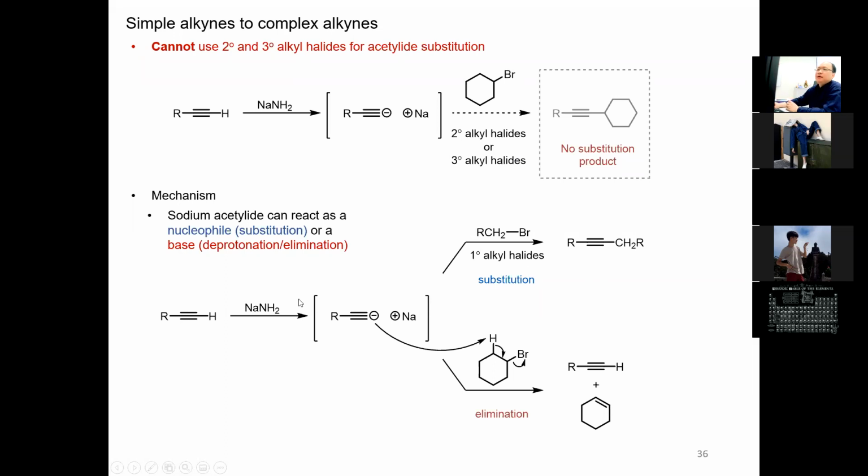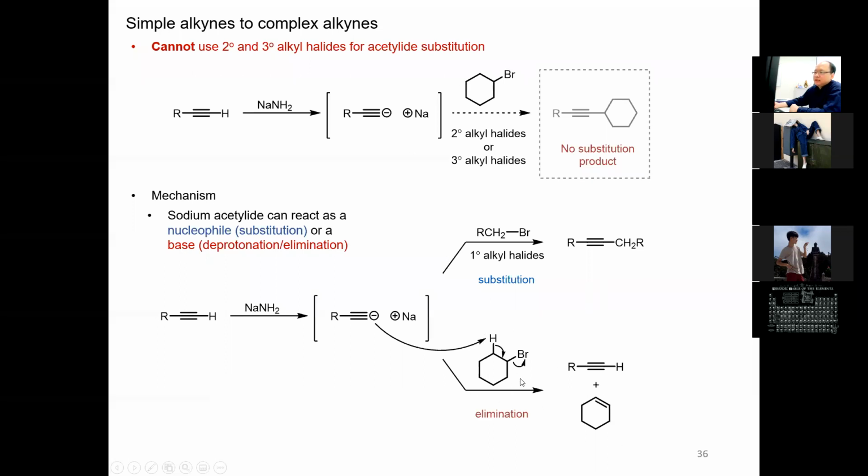But it can also act as a base. It can deprotonate other things or do an elimination reaction, which we will learn in the second half of this semester. So when it reacts with the secondary alkyl bromide, the acetylide will deprotonate this H, and then this bond breaks, forms a pi bond here, and this bromide leaves. So it's an elimination reaction.